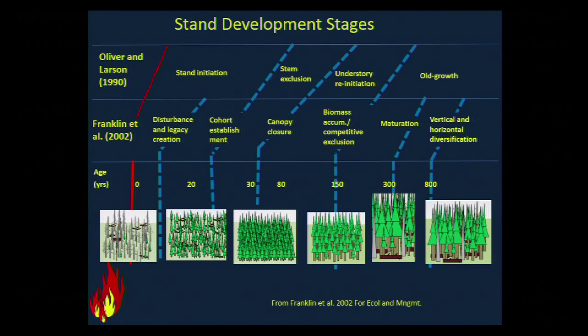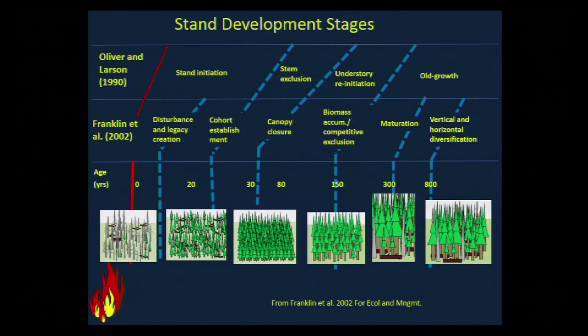There's been many attempts to classify vegetation structural pathways into discrete stages to really better help us understand and describe the different components that Ray mentioned and how they coordinate in the range of stand conditions that we see through time.